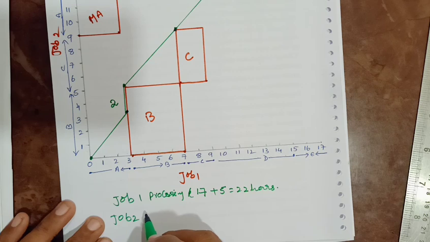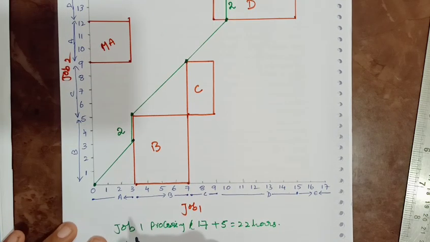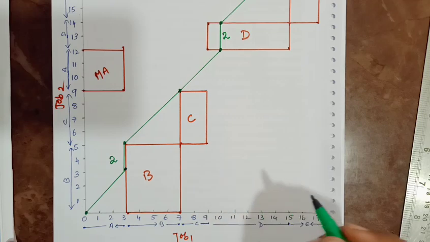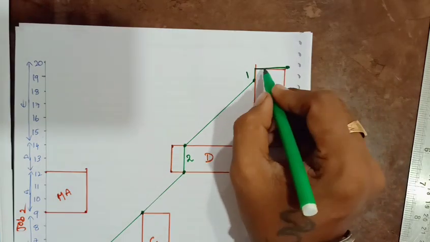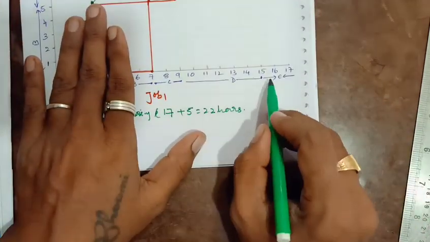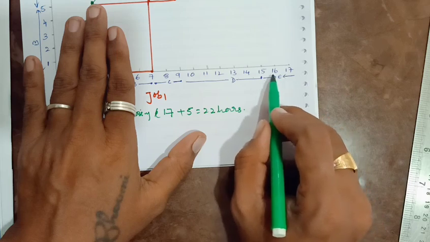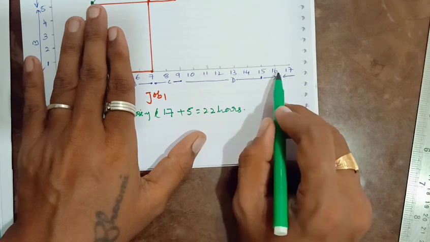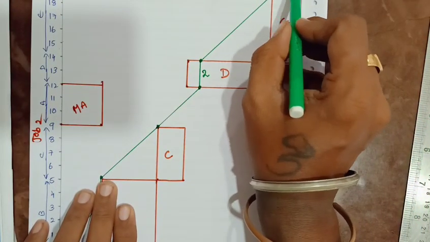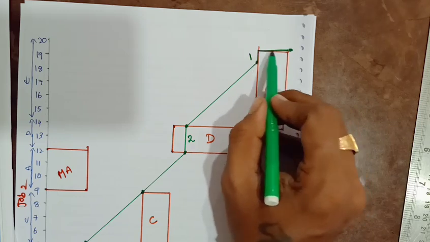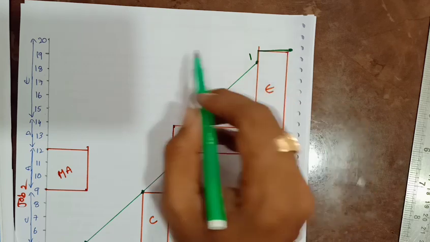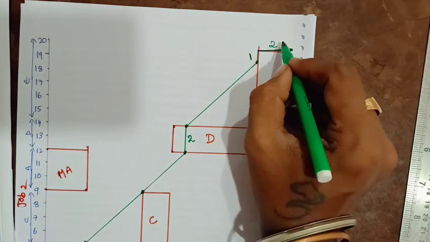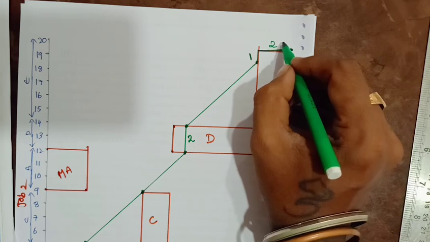Now for job 2, processing time. See for job 2, here we have the processing time. How much processing time here it is 2 hours, 15 to 16, 16 to 17. So here we have a horizontal line which is finishing to that particular point. So this can be considered as idle time for job 2.